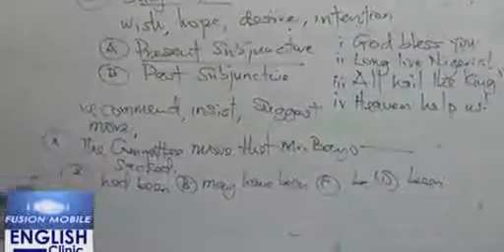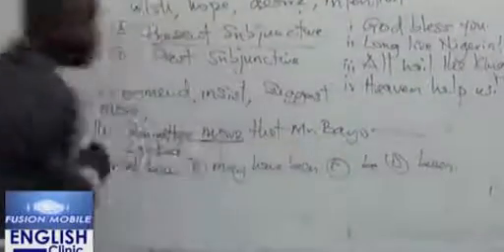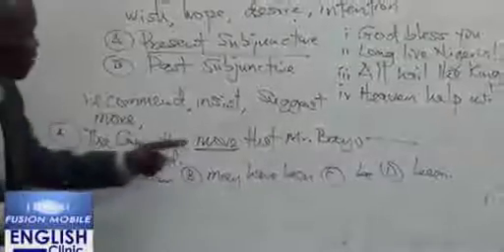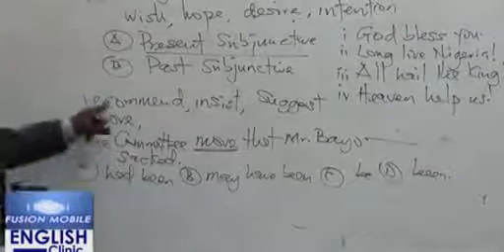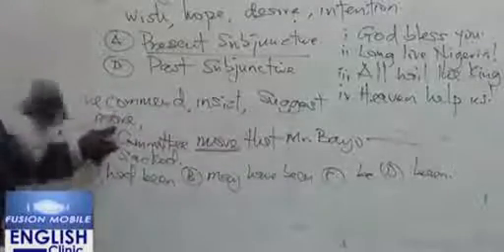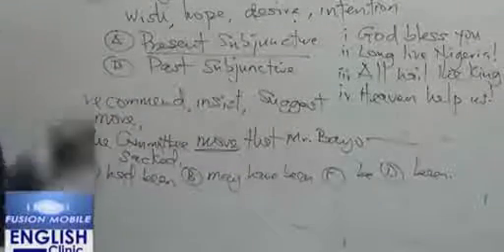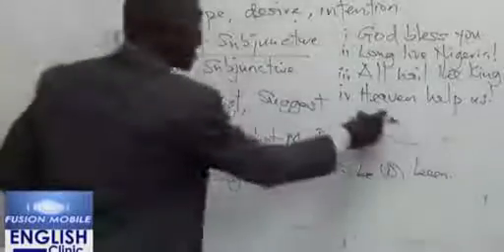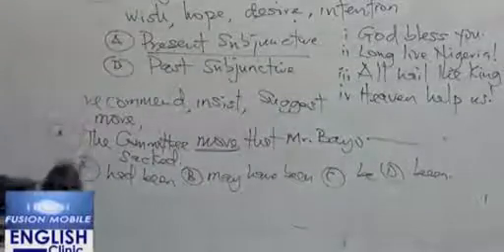Now, if you look at this example, the committee moved that Mr. Bayo dash sacked. Now, the verb here is move. So, whenever we have a verb like move, like I said before, recommend, insist, suggest, move, demand, and so on and so forth, then the form of verb that must come after it must be the present subjunctive.